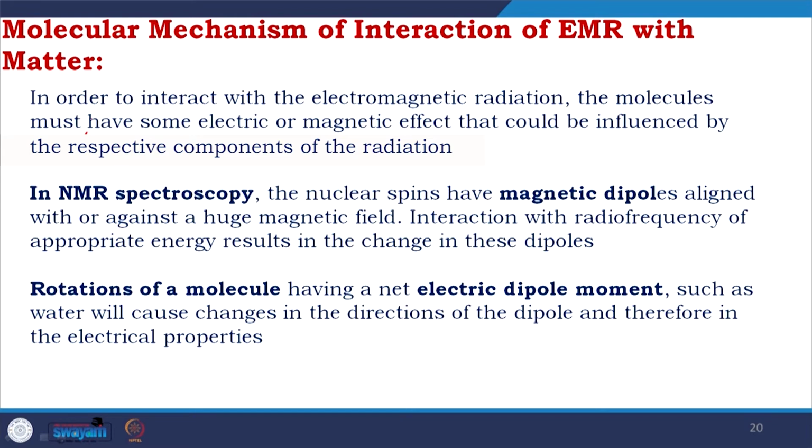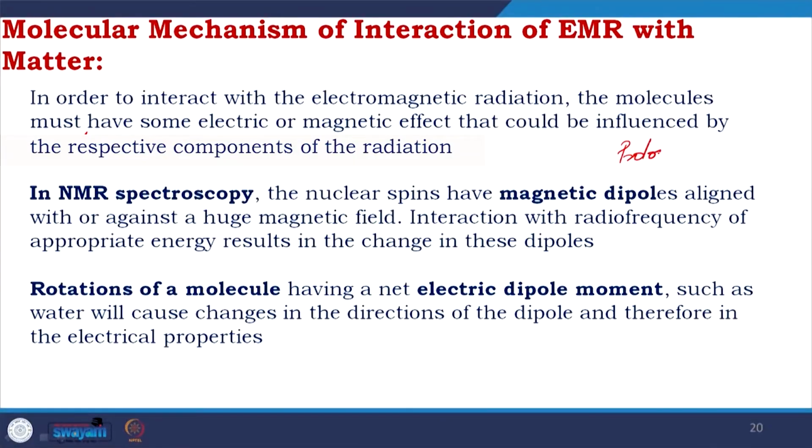In NMR spectroscopy, as we now know in very detail, the nuclear spins have magnetic dipoles aligned with or against a huge magnetic field. If you remember the last module, the nuclei have protons and neutrons.